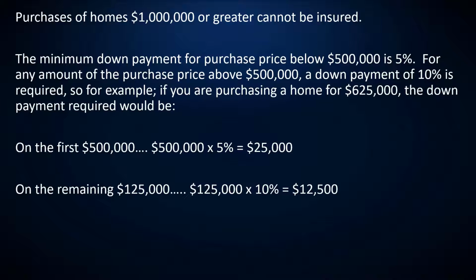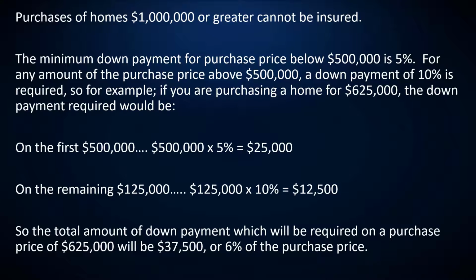On the remaining $125,000, $125,000 times 10% is $12,500. So the total amount of down payment which will be required on a purchase price of $625,000 will be $37,500, or 6% of the purchase price.